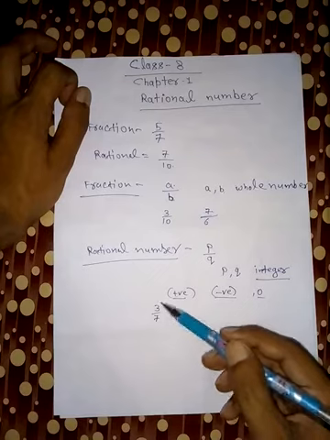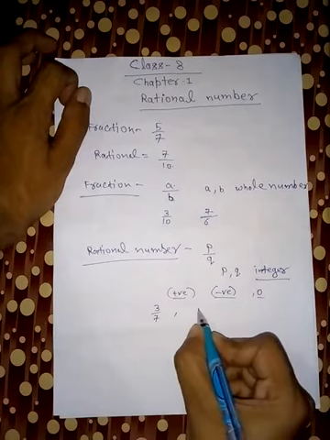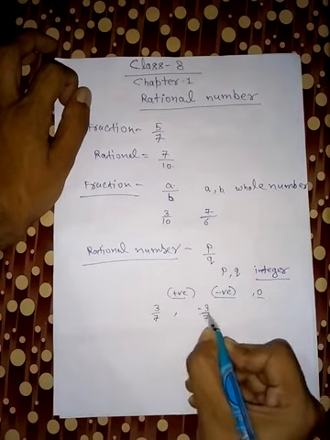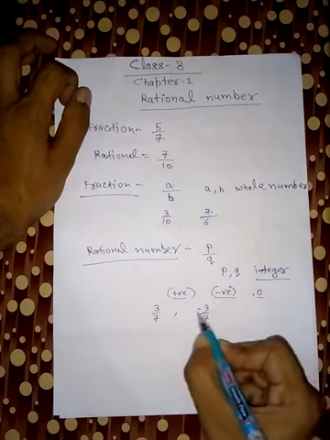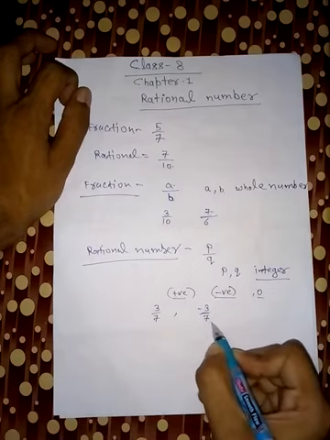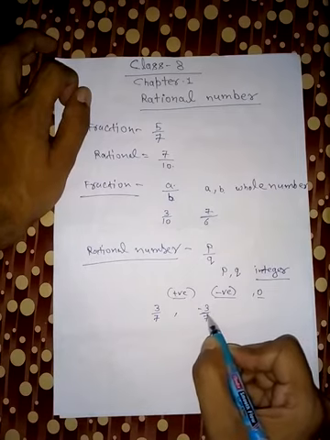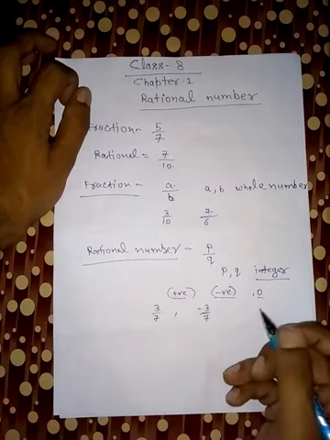So yes, 3 by 7 is also a fraction. But take another example. When we write minus 3 upon 7, here in the numerator it is minus 3, that is a negative integer, and 7 is a positive integer, so it is now a rational number but not a fraction.